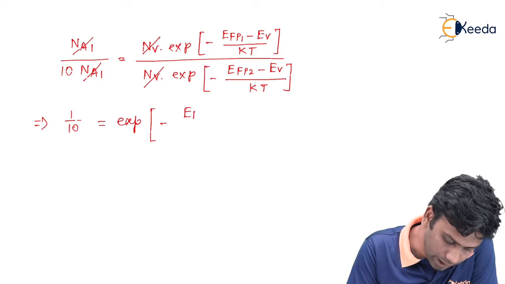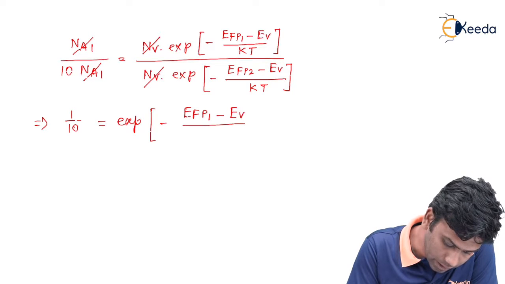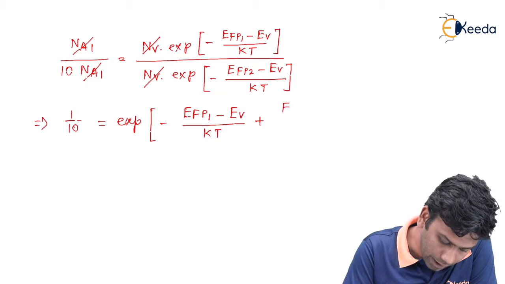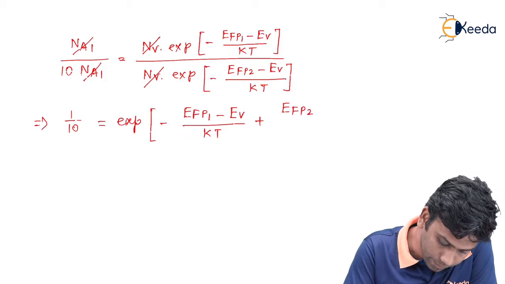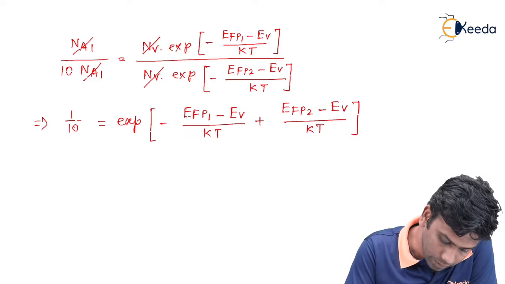exponential minus (EFP1 minus Ev) divided by kT, and it will be plus (EFP2 minus Ev) divided by kT.